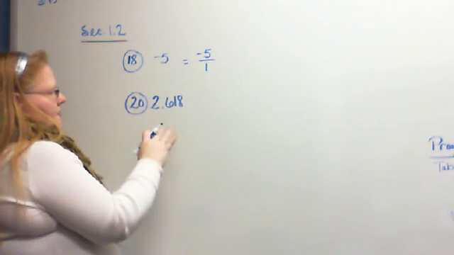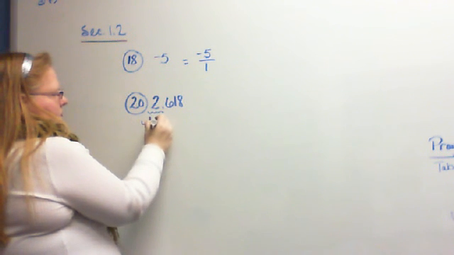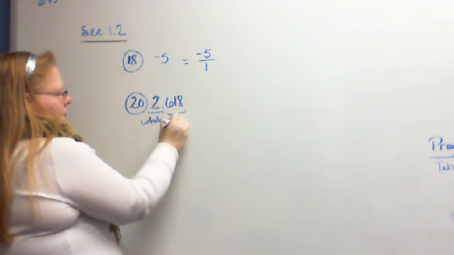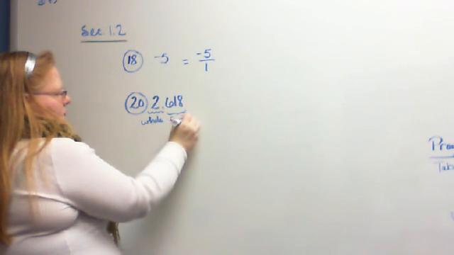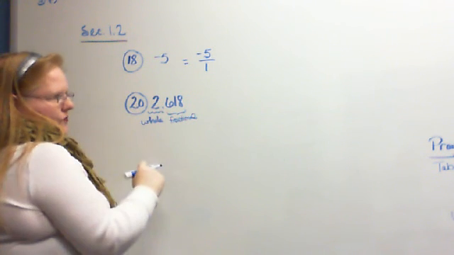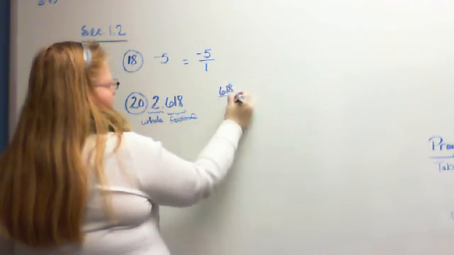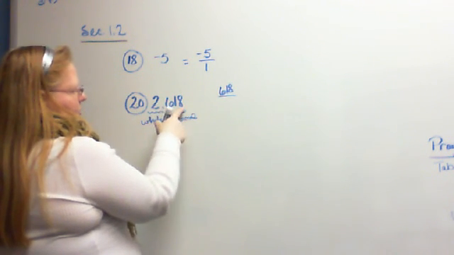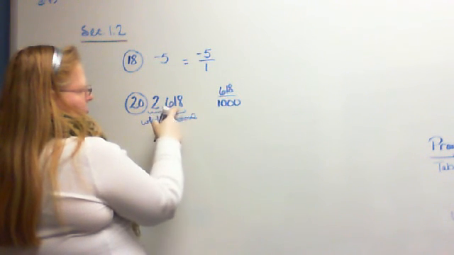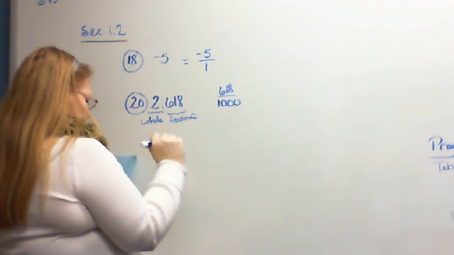So if I wanted to write this as a fraction, we know that this is our whole part, and this part is the fractional part. So if I write this as a fraction, I can just stick the 2 in front of it. So 618 over, this time it's going to have to be over 1,000, because that's in the thousandths spot. And I can reduce 618/1000.